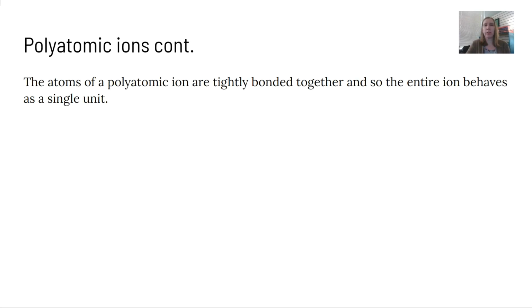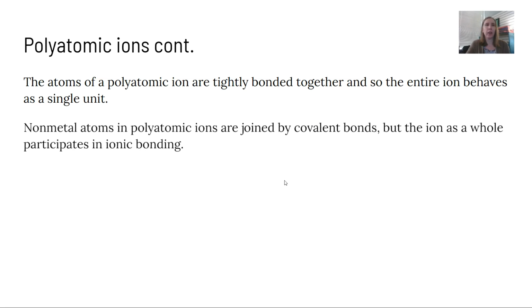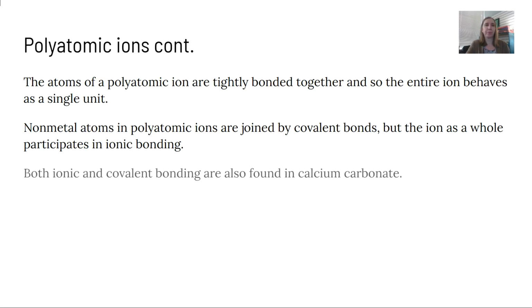The atoms of a polyatomic ion are tightly bonded together, and so the entire ion behaves as a single unit. Non-metal atoms in polyatomic ions are joined by covalent bonds, but the ion as a whole participates in ionic bonding. So it acts as the non-metal, and then it could bond with a metal.